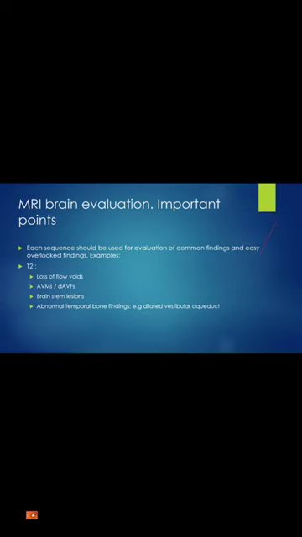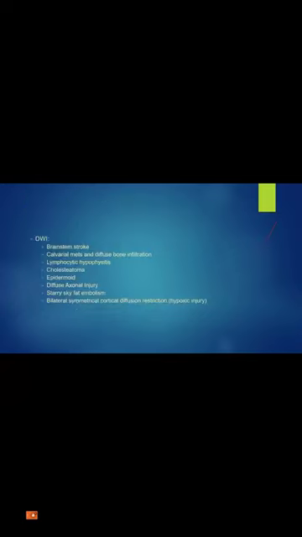Again, AVM or dural AV fistulas, T2 is the best. Brainstem lesions, T2 is better than the FLAIR. Abnormal temporal bone findings such as dilated vestibular aqueducts. Diffusion weighted images: usually we use them just to look for strokes, but there are other important findings you might detect on DWI, such as brainstem strokes.